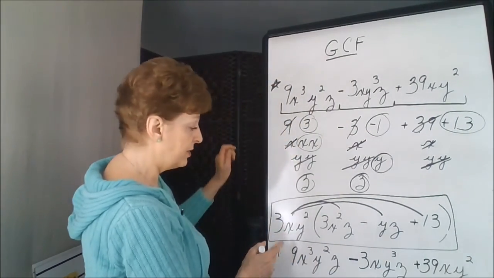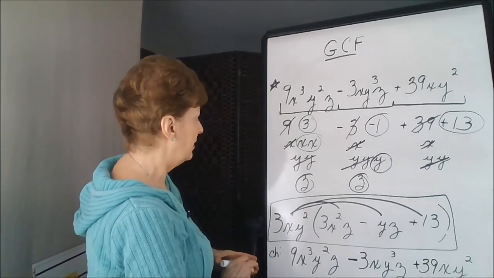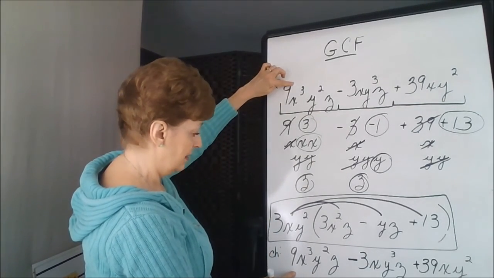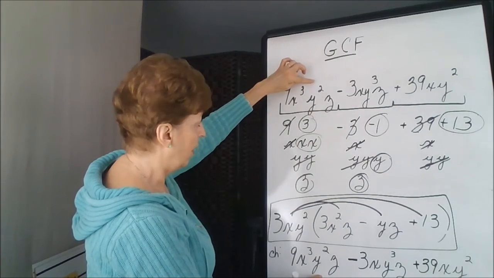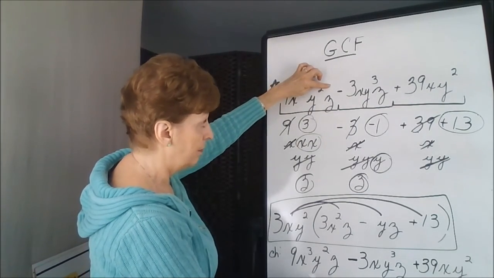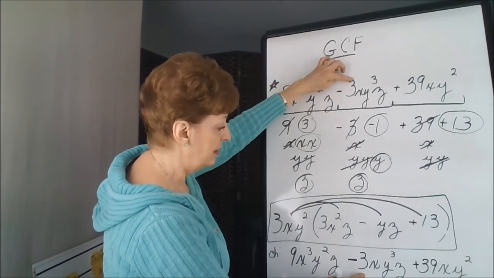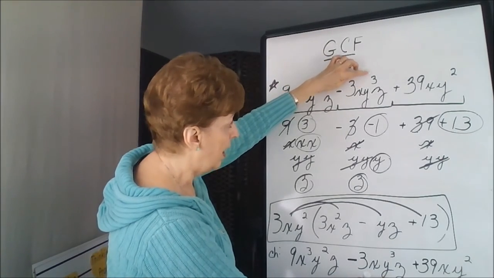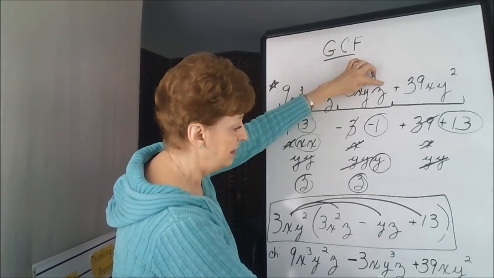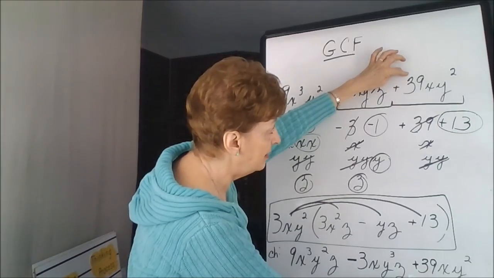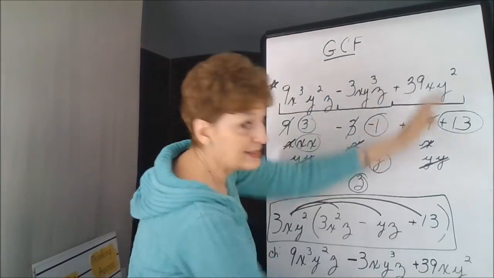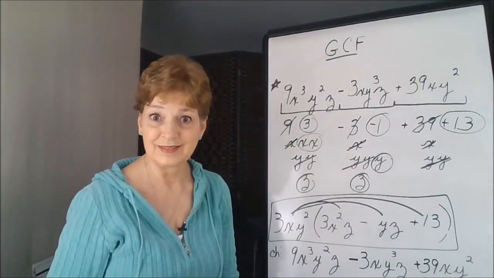And let's hope it matches. So we've got 9x cubed y squared z minus 3x y cubed z plus 39x y squared. It worked.